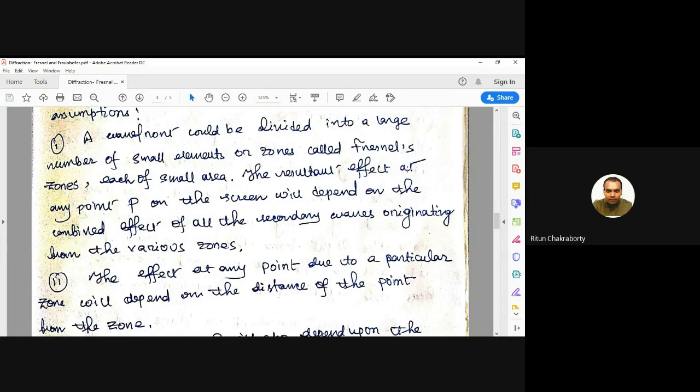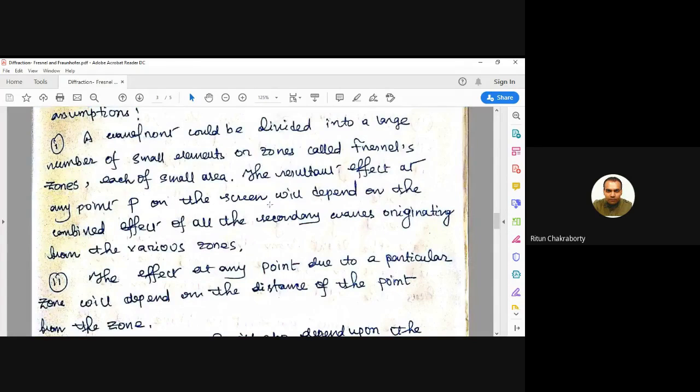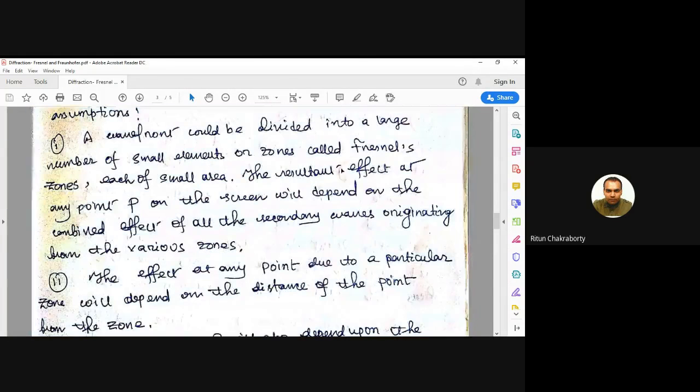So what will be the intensity of light or resultant effect at the point P on the screen? You will see P in the figure. It will depend on the secondary waves generated from different parts of the wavefront, that is, from the various Fresnel zones.